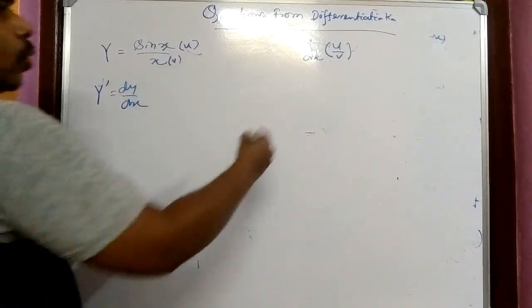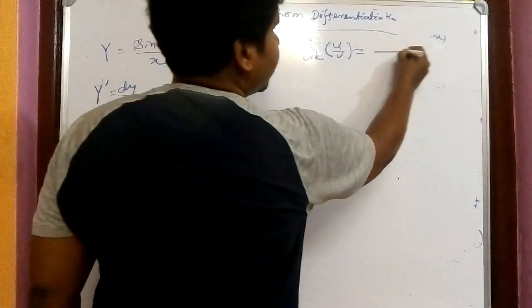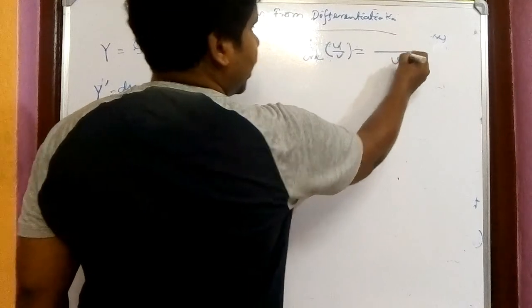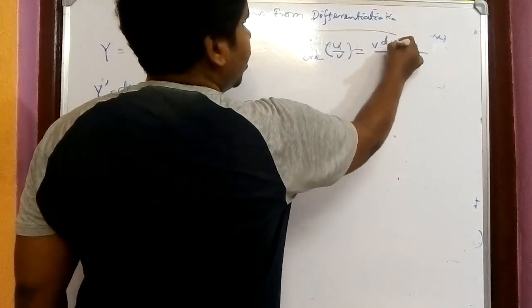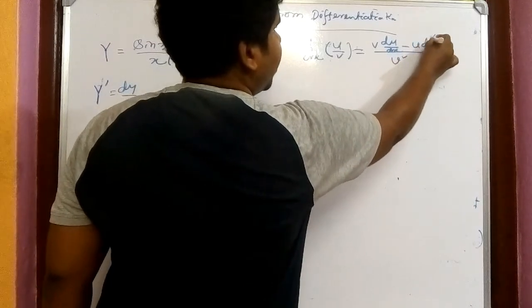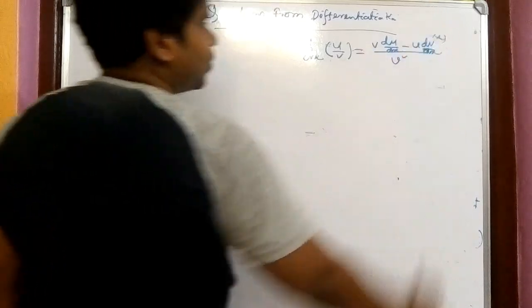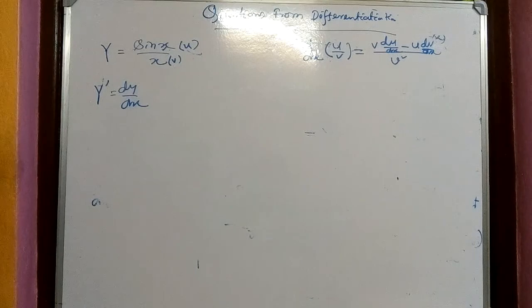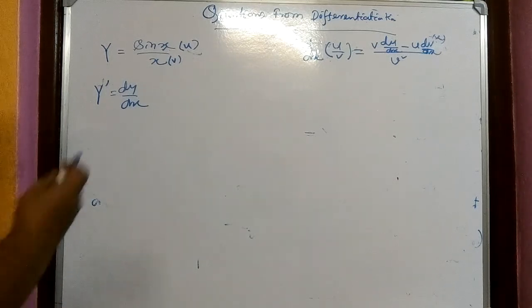So what is the formula of it? The formula is v into du/dx minus u into dv/dx, the whole over v square. V square is the denominator, and the numerator is v into du/dx minus u into dv/dx. So let's do it.